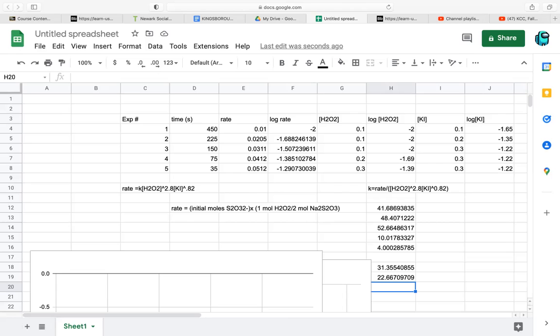Yeah, so you've got to do that third graph. The third graph is the natural log of K, the rate constant, versus 1 over temperature. So that's getting toward the end of the tables, right? Almost at the end.